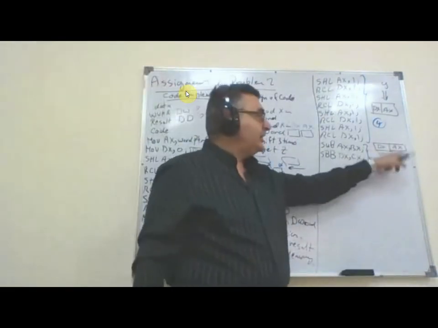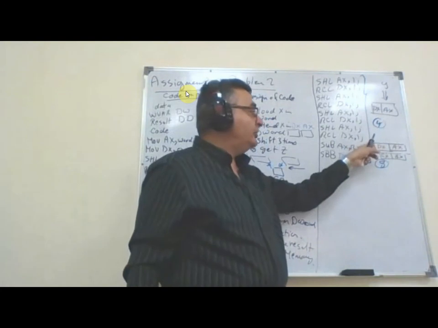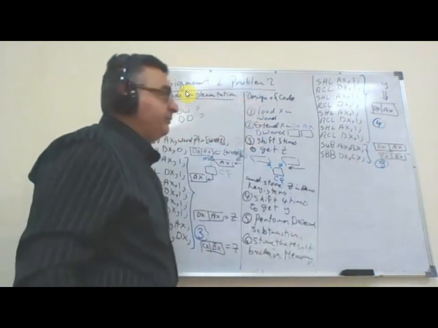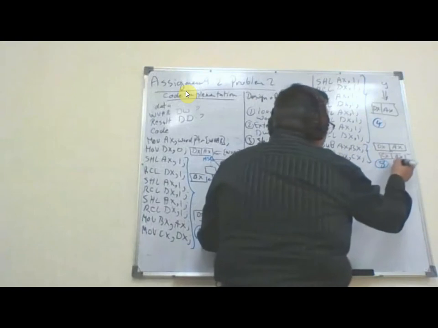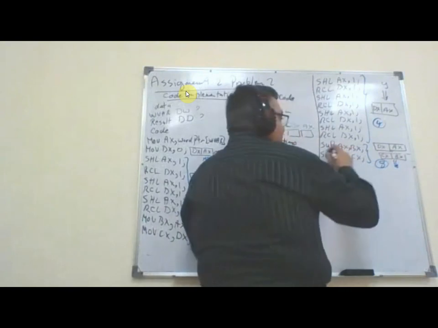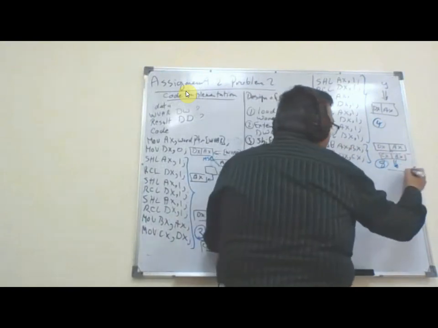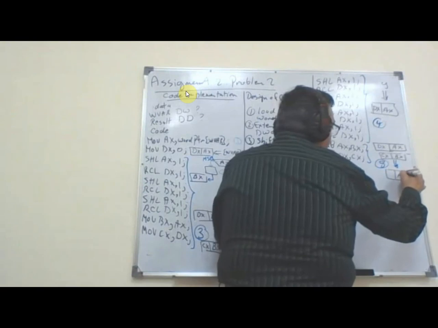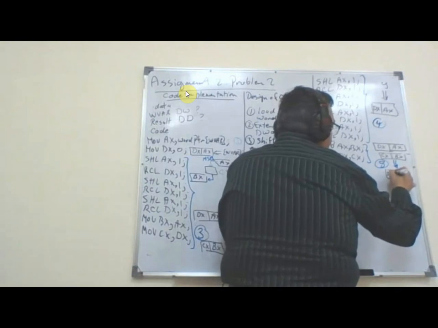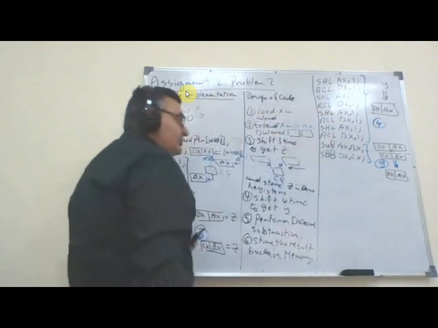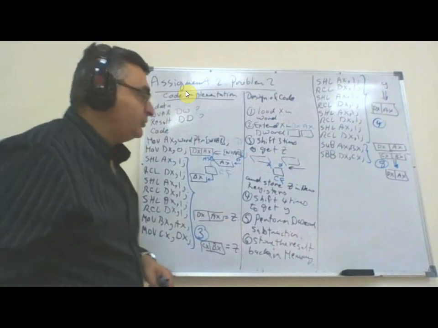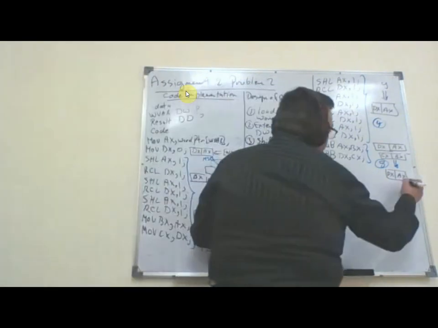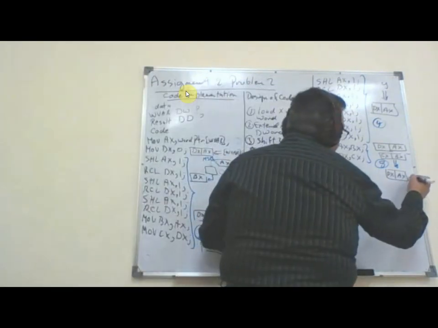Subtracting BX from AX, subtract with borrow CX from DX. So right now, my result of subtraction is stored where? It is stored in the destination, AX DX, which is the final answer that I have. This is actually the value of V. We call it V.